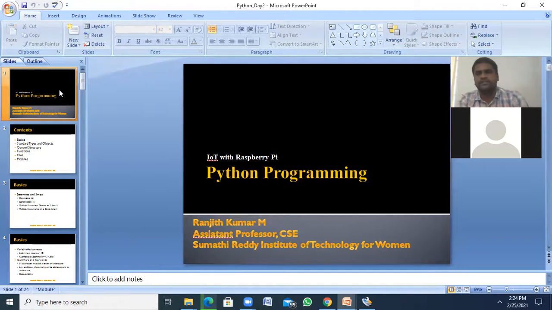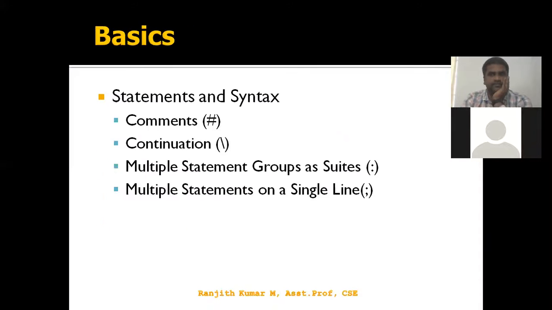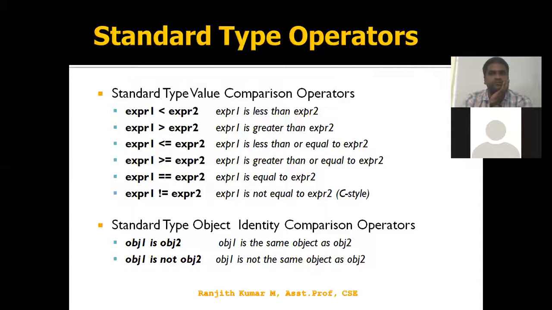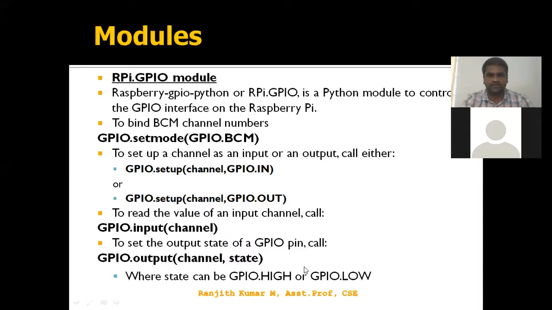Here in GPIO we have functions like setmode and setup, or input. These are GPIO functions. The first function is setmode. We are going to select the board, that is the GPIO BCM Broadcom processor board, and we are setting up the channel.